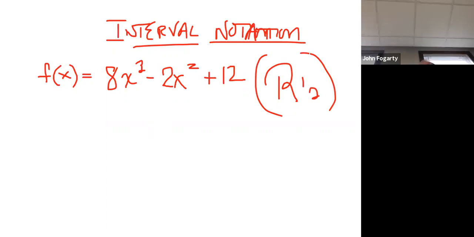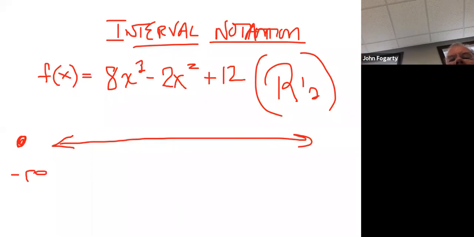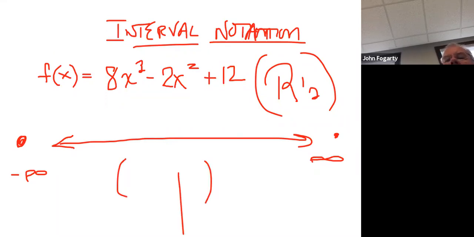What does that look like in interval notation? Well, if you took all the numbers on a number line, what's the number way out here? Negative infinity. What's the number way out here? Positive infinity. So in interval notation, it could either be a bracket if the number is included, or a parentheses if the number isn't included.